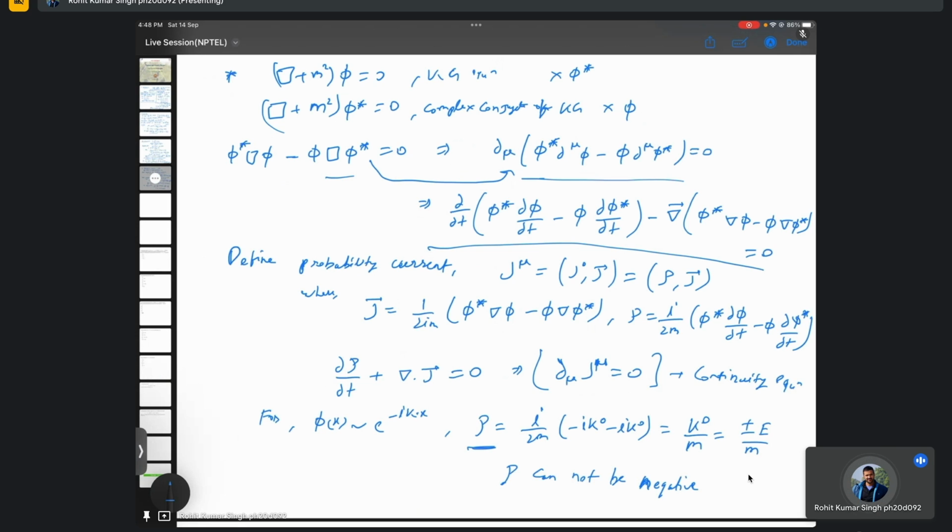In quantum mechanics, this Klein-Gordon theory leads us nowhere, because we get negative probability density at the end, which is just not possible. So we need another kind of equation of motion for relativistic particles, which will give us non-negative probability densities, and that's where the Dirac equation comes in. We will see that later.